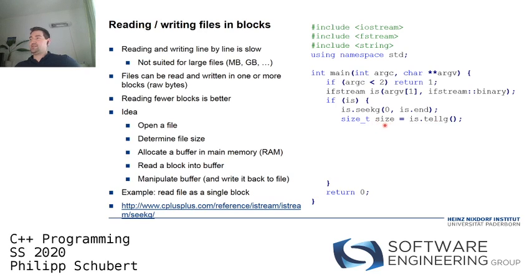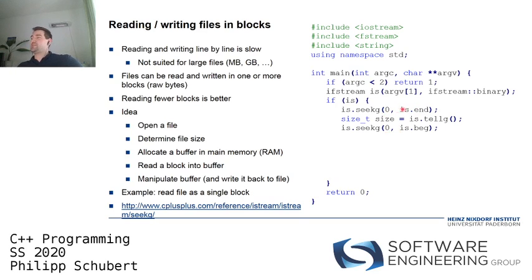So size is the number of bytes that this file comprises. Then we need to set the file reading head, so to say, back. We need to set the file descriptor back to the beginning of the file. That's probably a better way to put it.